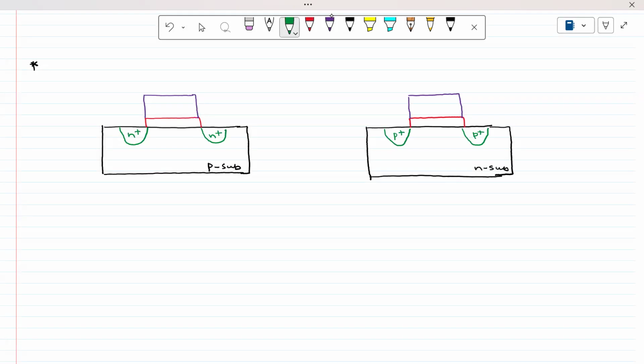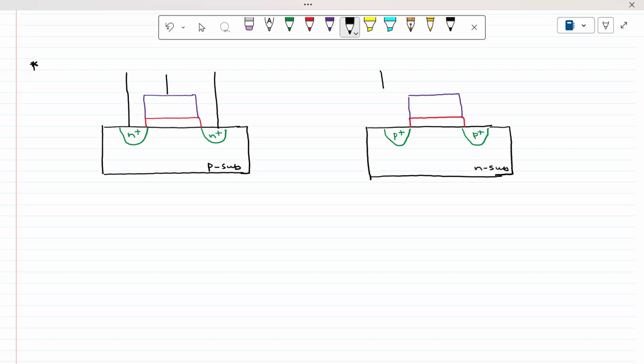Now, if you want to form a channel, as we have also seen, there is one potential here, therefore one terminal here, another terminal here, and another terminal here.